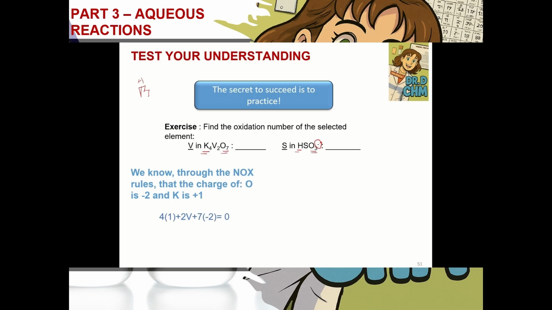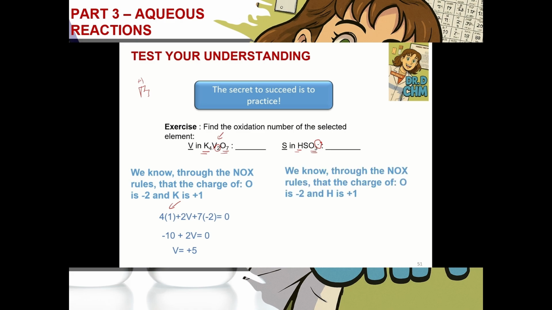So then you're going to write down a formula, an equation: 4 times 1, plus 2 times V, using V to identify my element, vanadium, instead of writing it out, plus 7 times -2. So this is my equation, and I'm going to find V, which is +5.